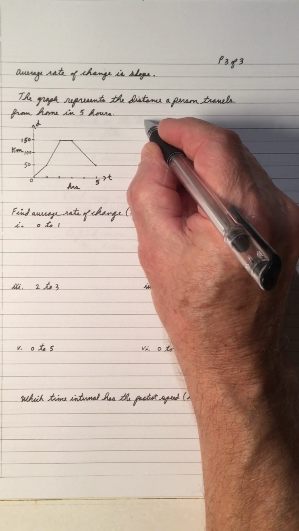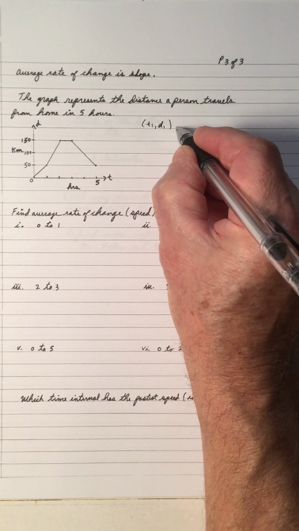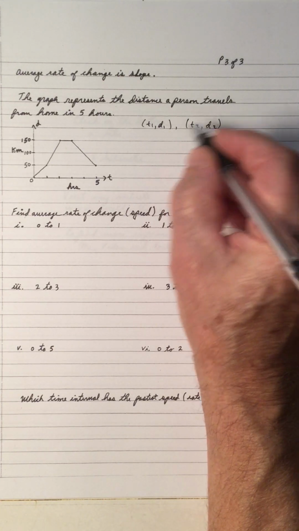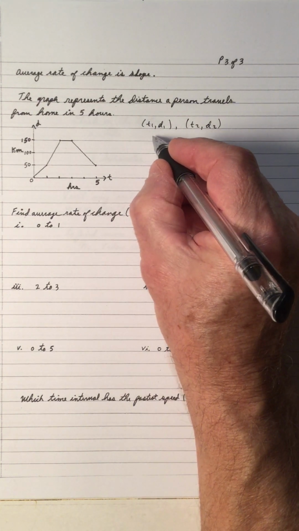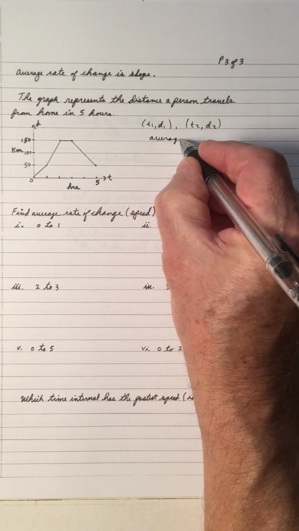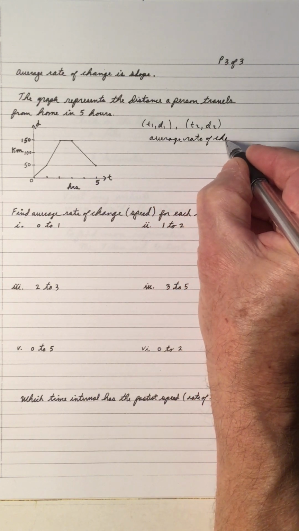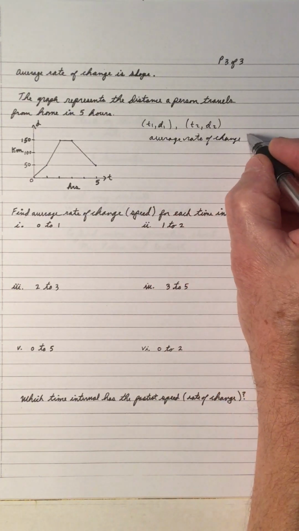And to complement this, we could have time 1, D1, and we could have time 2, D2, between each interval. So that means that's the average. We want to find the average rate of change. And the average rate of change is the speed.